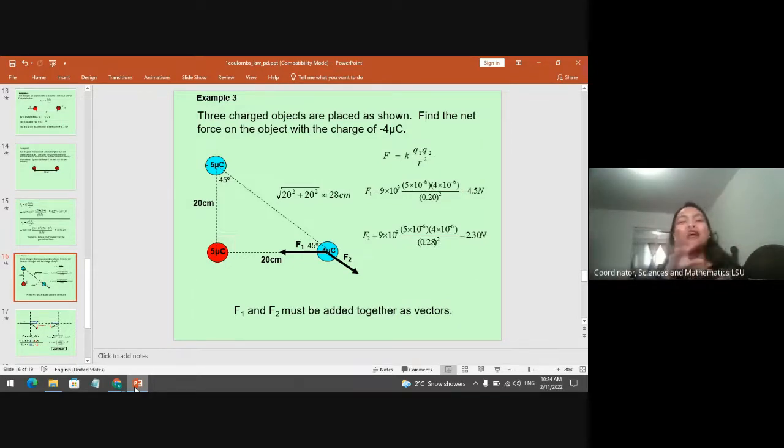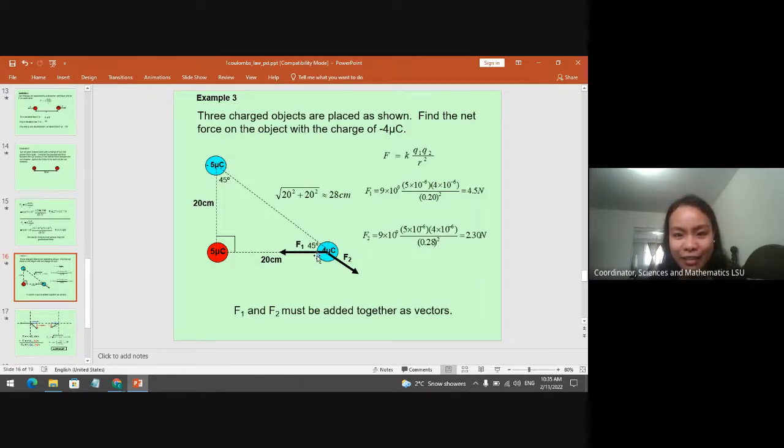So we have three charged objects that are placed as shown in the illustration. You're going to find the net force on the object with a charge of negative 4 microcoulomb. So you have your 5 microcoulomb charge, you have negative 5 microcoulomb charge, and you have negative 4 microcoulomb charge.